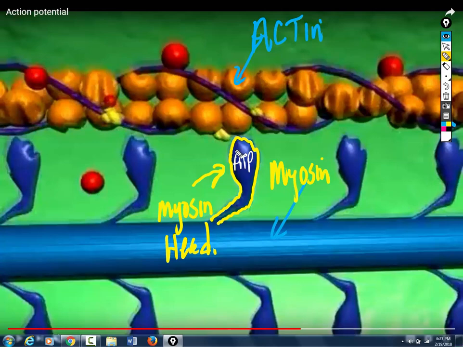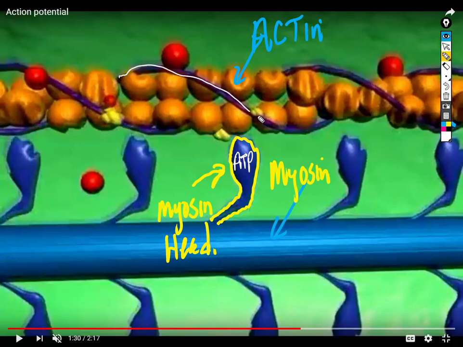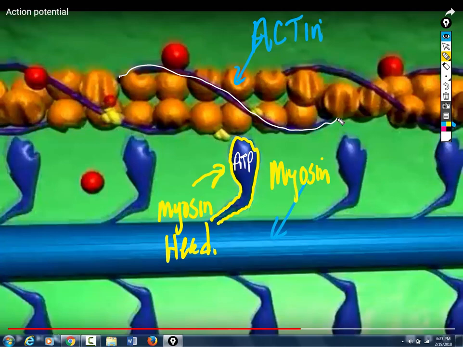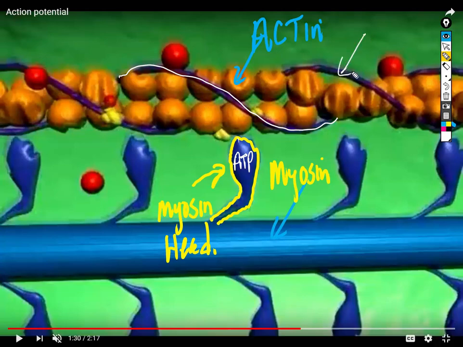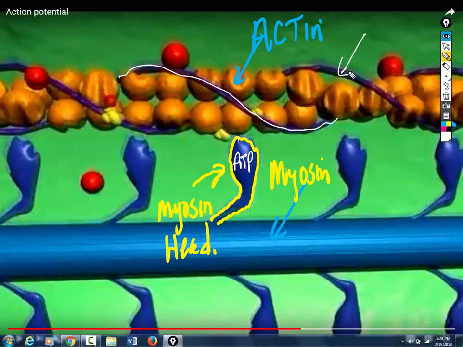In order for the myosin head to bind to the actin molecule, there is a little licorice whip on the actin molecule that covers the binding sites for the myosin head. Are you following this? That licorice whip, in this case it looks like a blue and purple licorice whip.